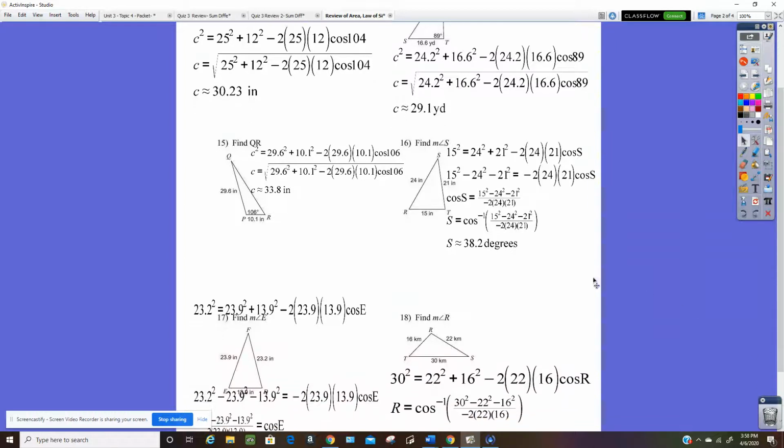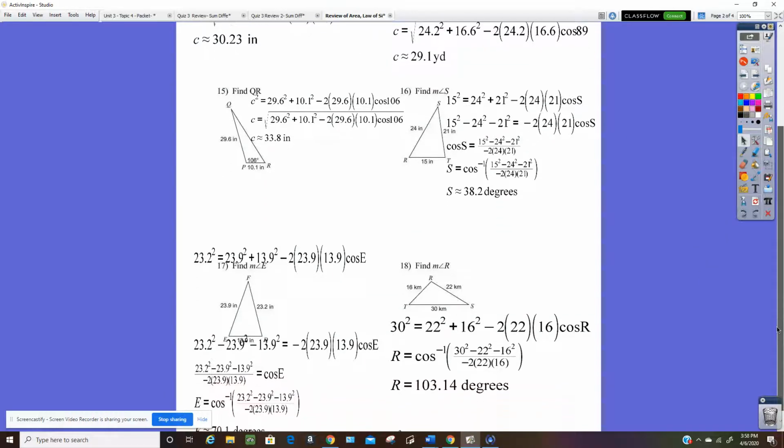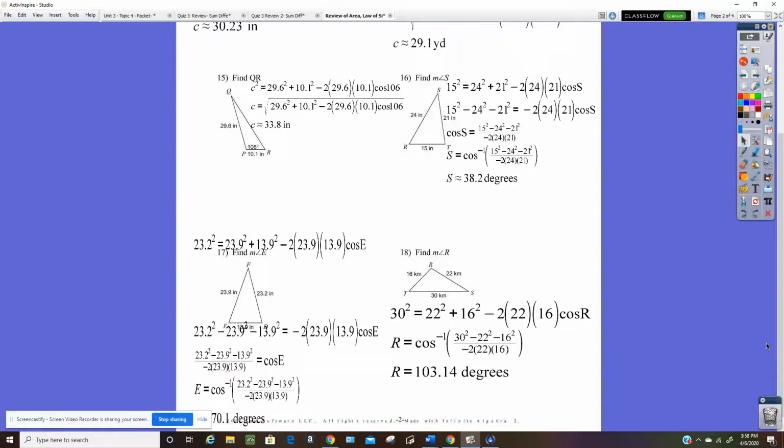So once again, you're going to go to the Desmos calculator to calculate the inverse cosine there. And once again, make sure you're in degree mode on the Desmos calculator when you do that. So 17, at some point, you might just want to skip from the original equation down to here.